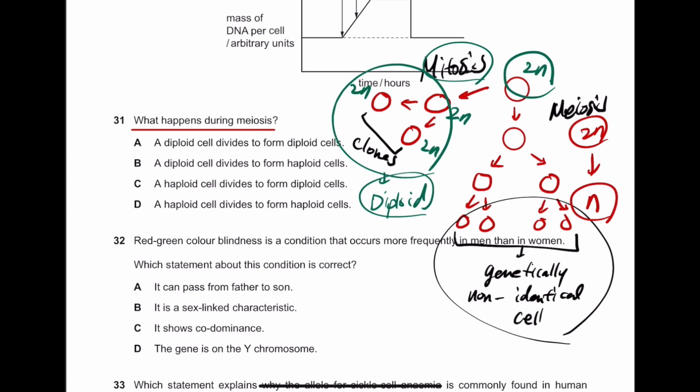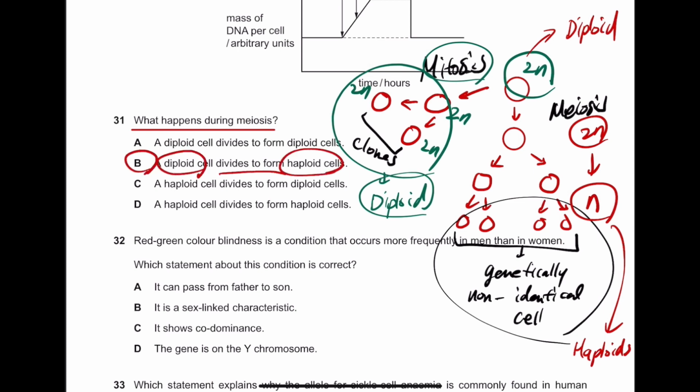So 2n means there are pairs of chromosomes, so it's called diploid. N is, they're not in pairs anymore, they're singlets, so they're called haploids. Okay, so during meiosis, what's happening? The diploid cell divides to form haploid cell. So B is the correct answer.